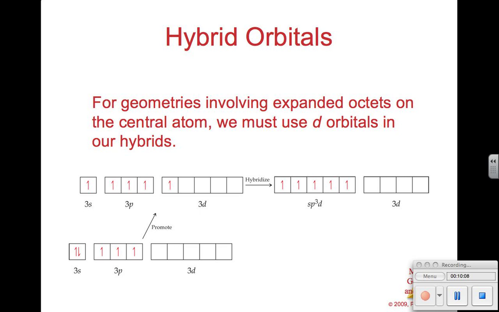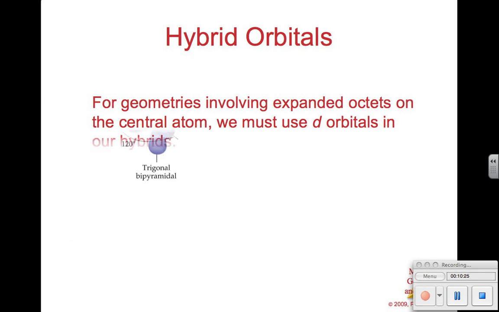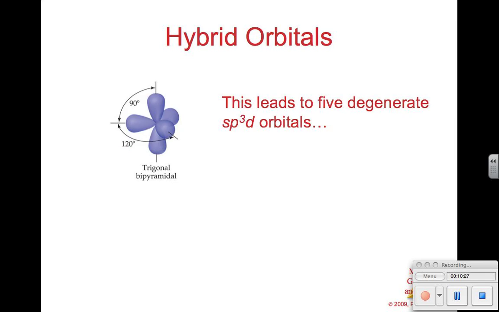Phosphorus has 5 electrons in its outer shell, in the third shell, so it could promote one of those electrons into the d subshell, and phosphorus could potentially form 5 bonds, or arsenic is a good example of something that could do that.